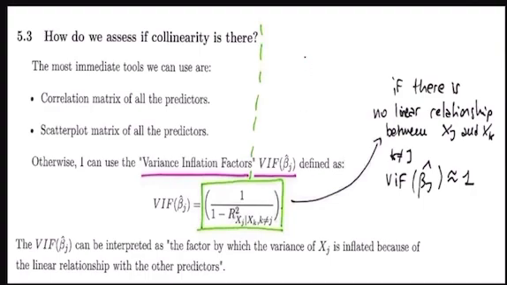If the VIF of a particular explanatory variable is greater than 5, then that particular variable is problematic. If I have 10 variables, I'm going to get a VIF for each of them, and I will compare with the threshold of 5. The TA has already walked you through that.